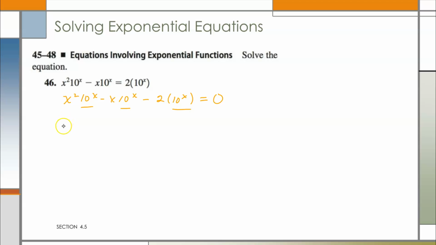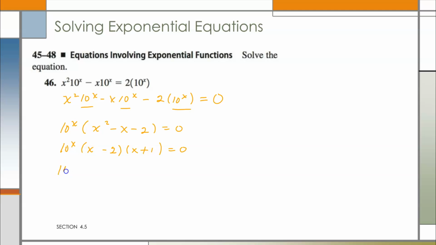Factoring out the greatest common factor is always the first step. So we have 10 to the x, and we're left with x squared minus x minus 2 equals 0. If we factor, that would be x minus 2 times x plus 1, factoring our quadratic.